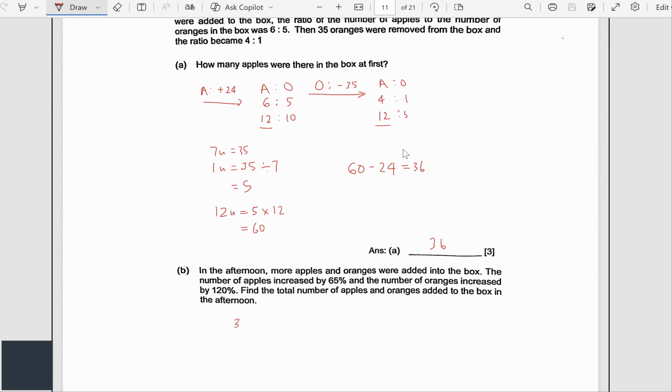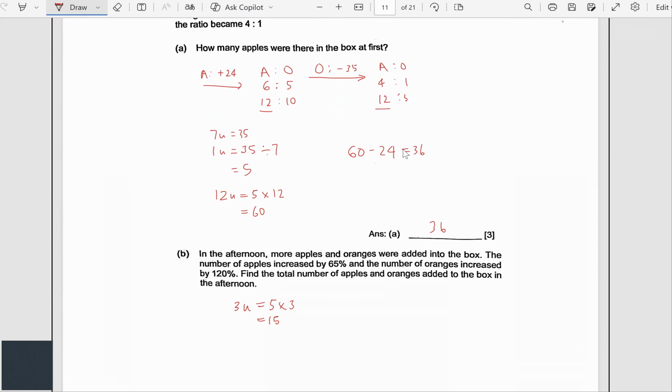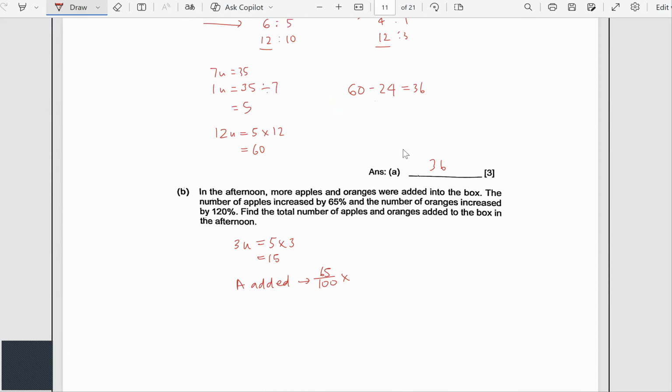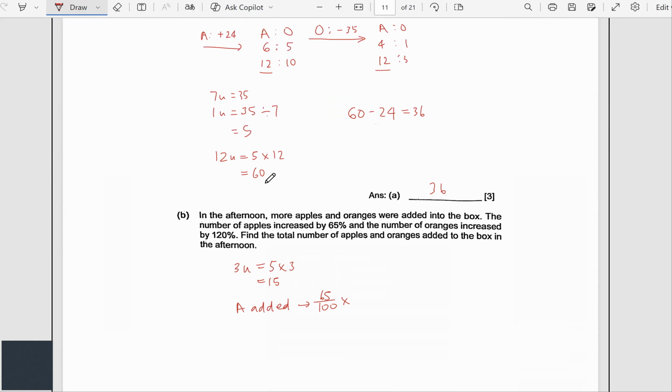Okay, let's find 3 units. 5 times 3, 15. Okay, and the apples increased by 65%. So the number of apples added would be 65% of this 12 units, which is 60.